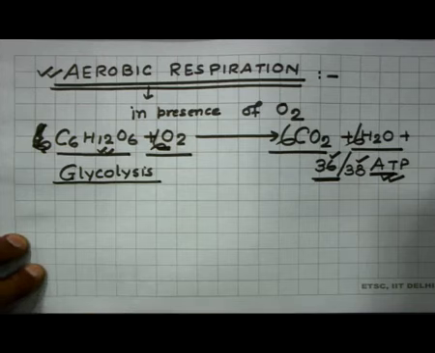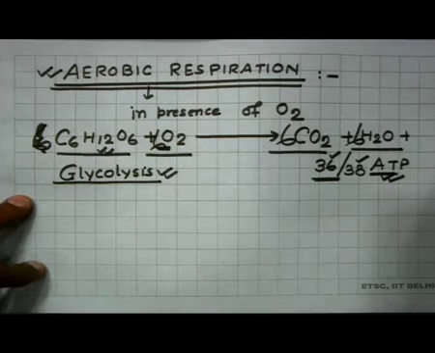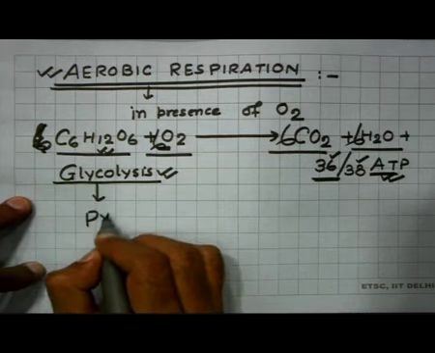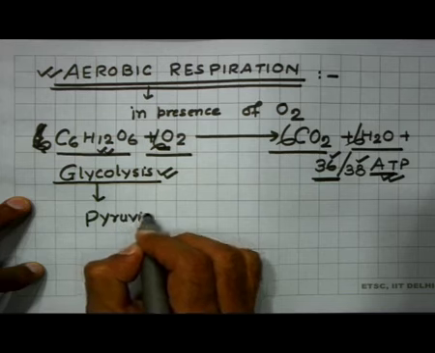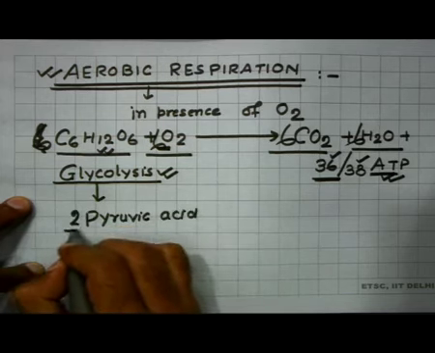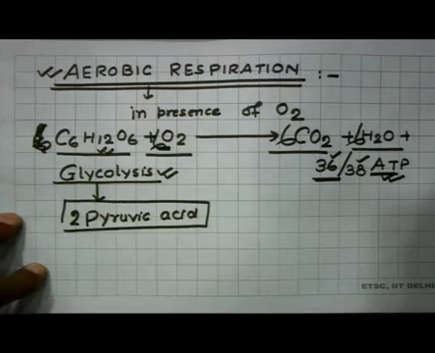So, aerobic respiration also starts with the end product of glycolysis, that is pyruvic acid. 2 molecules of pyruvic acid, the end product of glycolysis, are taken into consideration.